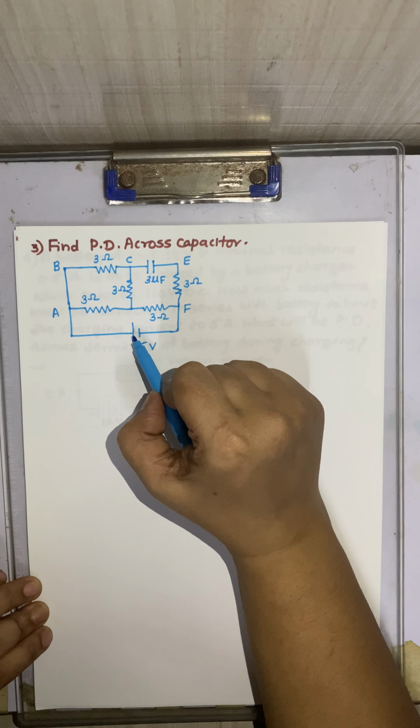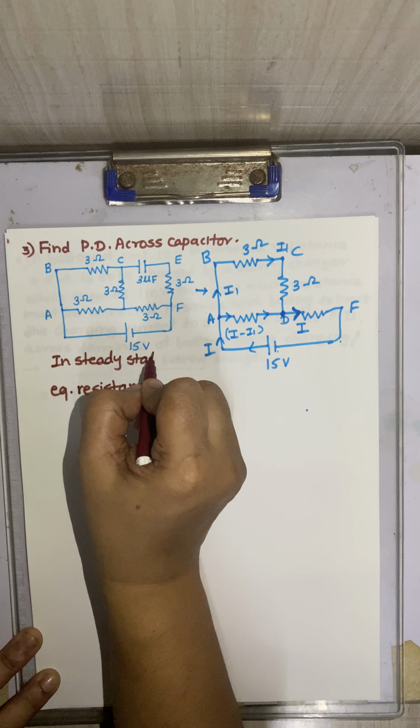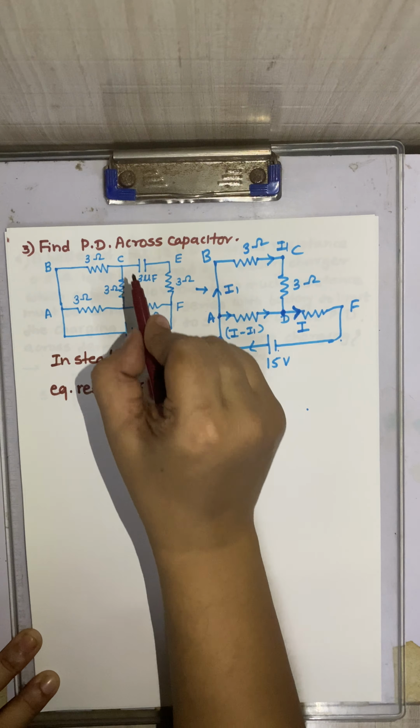Now we want to find out the equivalent resistance of this circuit. For that we will find the equivalent resistance, and we are considering the steady state, so we have removed the CEF branch.